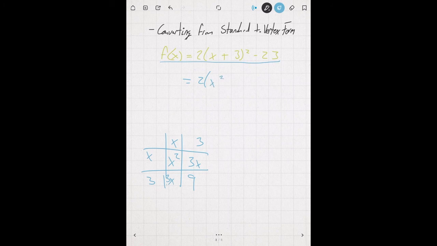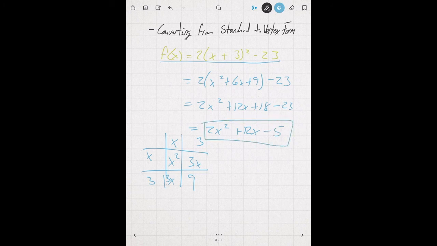So that was x squared plus 6x plus 9 minus 23. If I distribute the 2 through, I get 2x squared plus 12x plus 18 minus 23. And if I combine the like terms, we end up with 2x squared plus 12x minus 5.